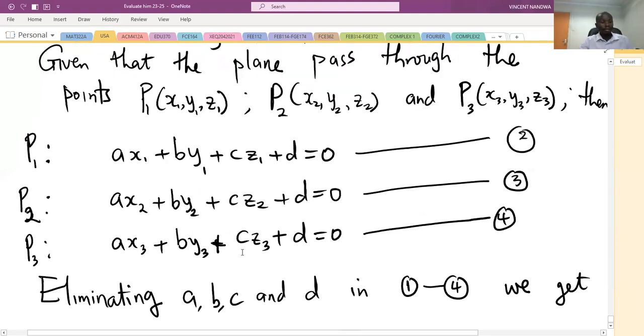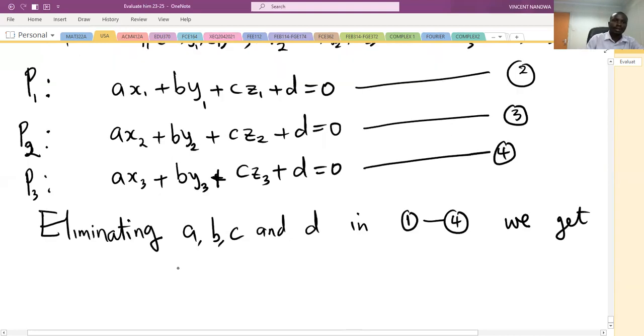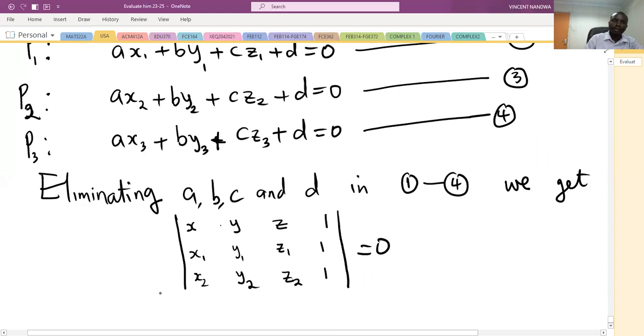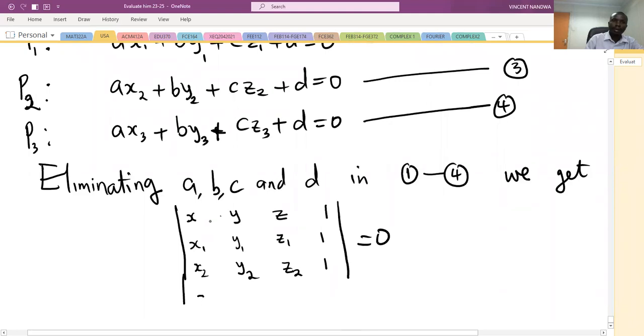So for this to give us the values for A, B, C, and D, we expect the determinant of x, y, z, 1; x1, y1, z1, 1; x2, y2, z2, 1; and x3, y3, z3, 1 to equal 0.